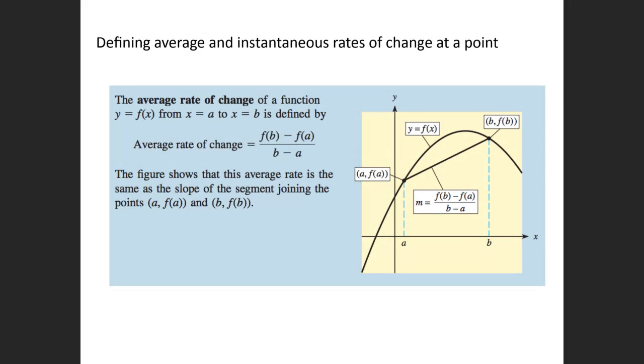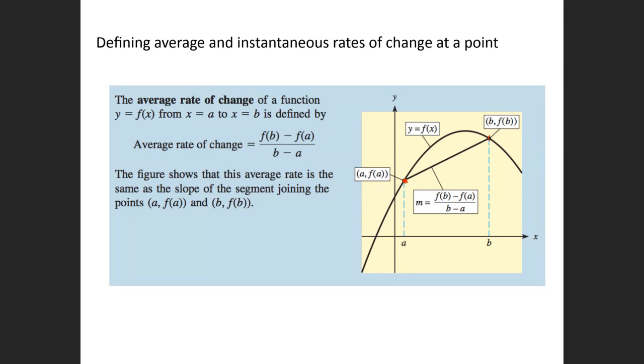All right. So we're going to talk about the average and instantaneous rates of change at a point. The average rate of change is basically the slope between 2 points. So if this is a point here, and we call this A, f of A, and this is B, f of B, and I wanted to find the slope of that, that is called the average rate of change.